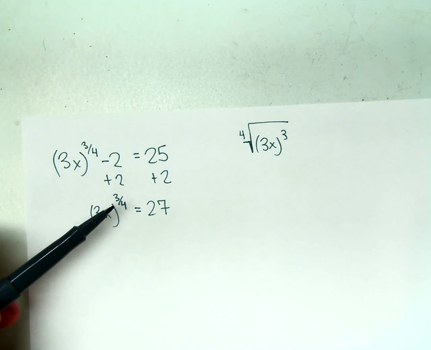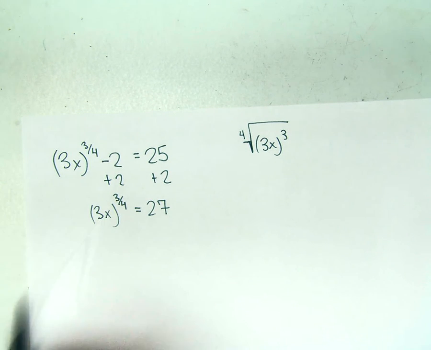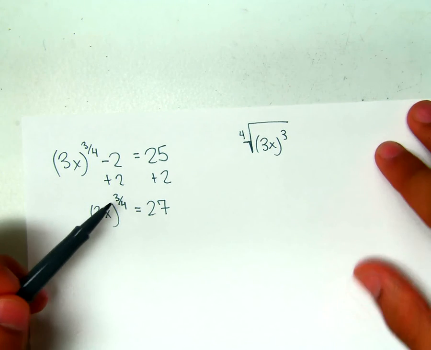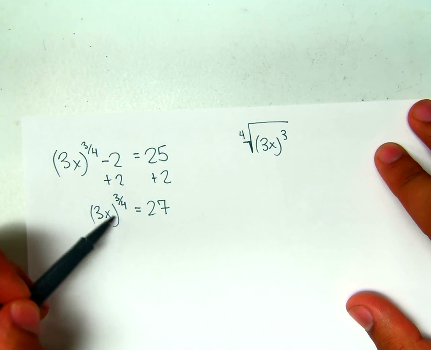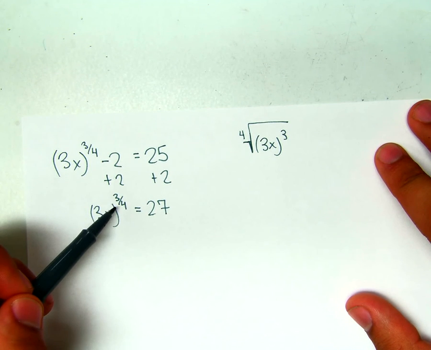The thing about a rational exponent is that there's 2 operations. We're taking it to a power and the root. So the way that you do this, I'm going to tell you how and then go backwards and explain why. The way that you do this is by raising it to the reciprocal. So what would the reciprocal of 3/4 be? 4/3.